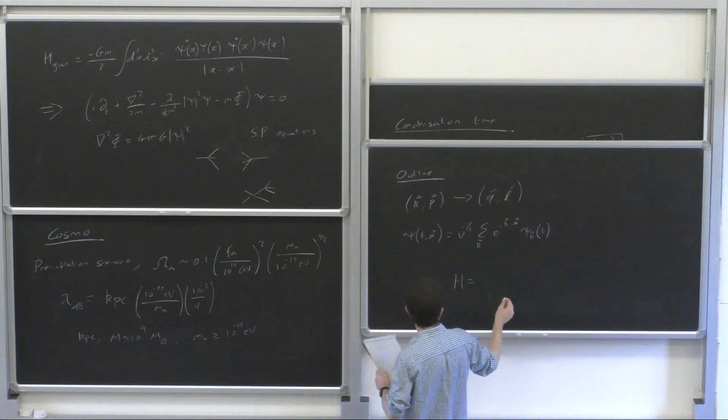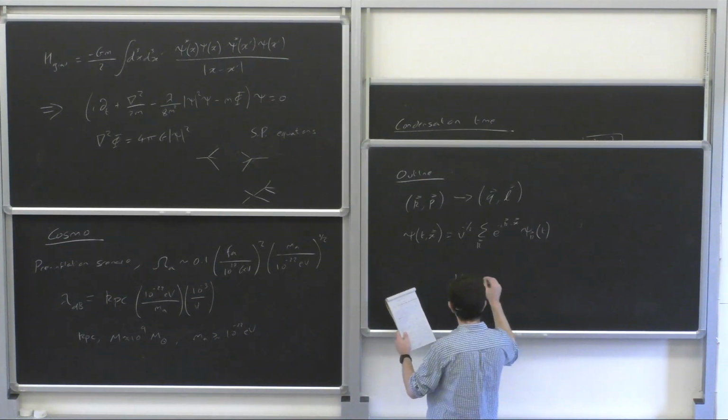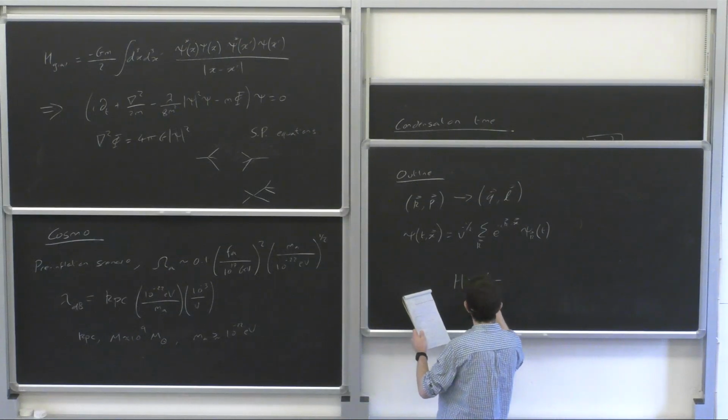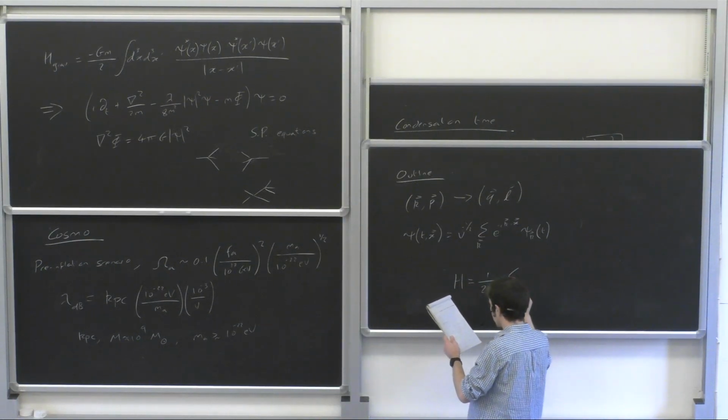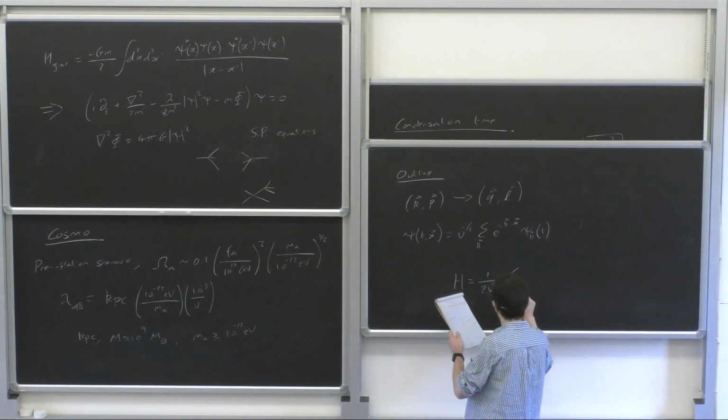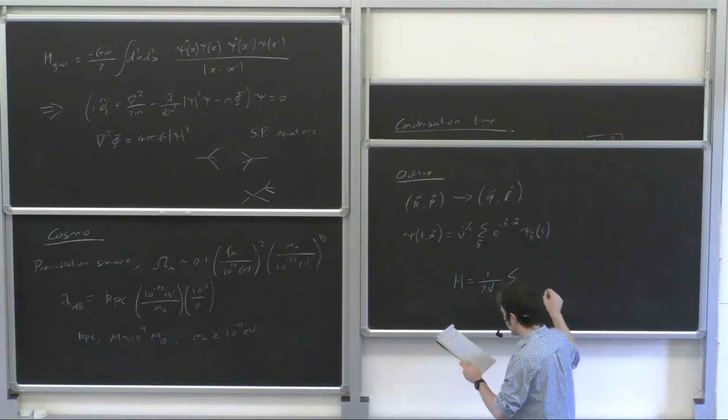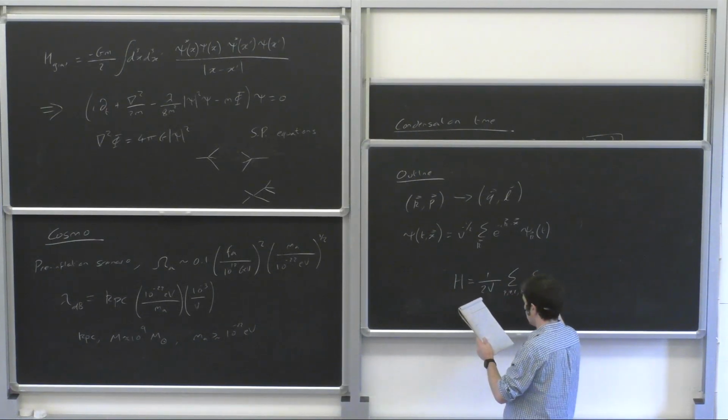But at least ignoring that slight complication, I can write down a Hamiltonian for this classical scattering, summing over incoming and outgoing momentum modes, imposing momentum conservation.